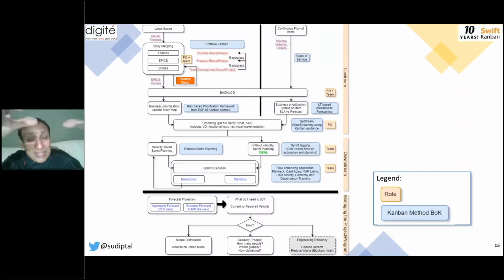But all these things need to come together to do program management, to make sure that the quantitative aspects of that program are delivered. You cannot just focus in isolation and say, okay, sprints are happening, great, and let's move on. That just doesn't serve the purpose completely.